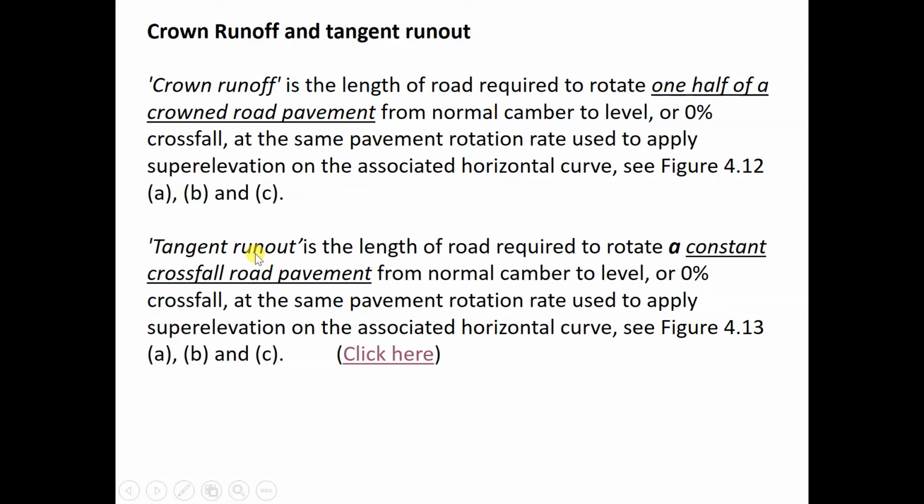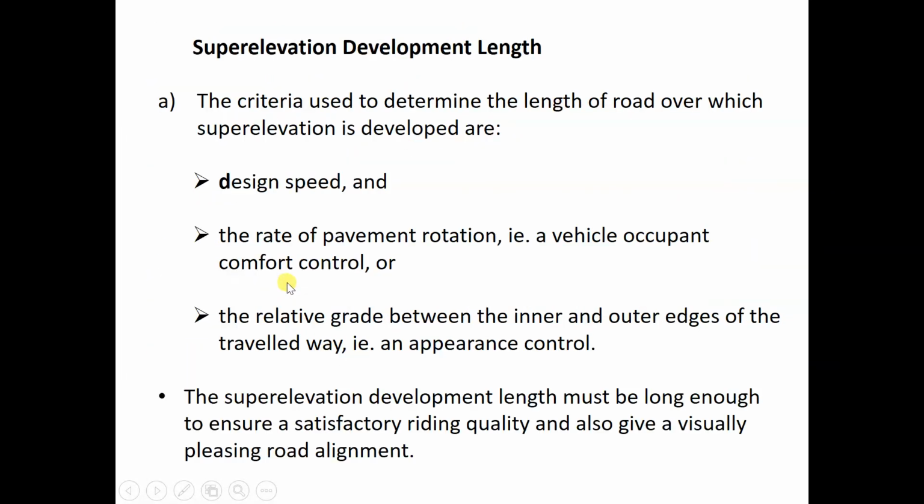But if you have a road with two lanes that just slope in one direction, that's a constant crossfall road pavement across the two lanes. Then from the normal camber to 0% when it's flat, the outside edge and the inside edge when it's level is called the tangent runout. Okay.